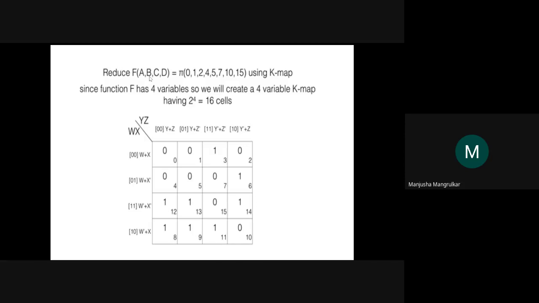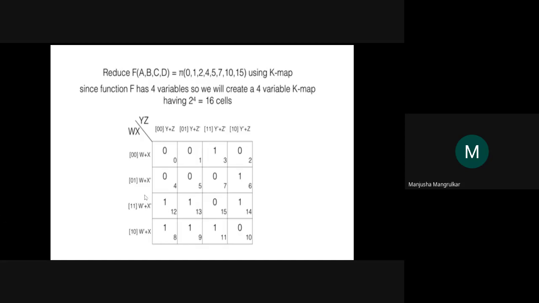There are a, b, c, d, 4 variables, so your K-map has to be 16 cells, 2 to the power 4. Then second, whether it is a product of sum or sum of product, you can identify here. The pi means your variable is given as a product of sum.